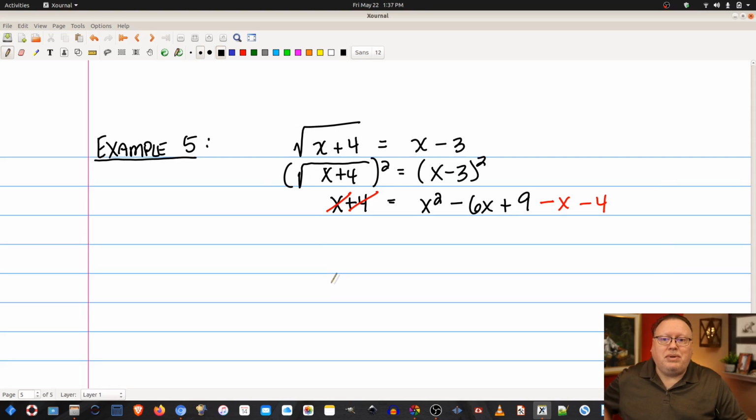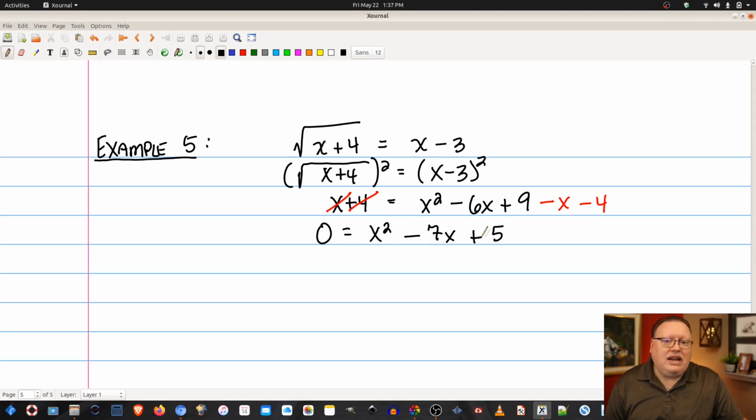And let's switch our pen color back, and we'll end up with 0 is equal to x squared minus 6x minus x, which is a minus 7x, and this 9 minus 4 is just equal to a plus 5. So now we have a quadratic that we can solve.